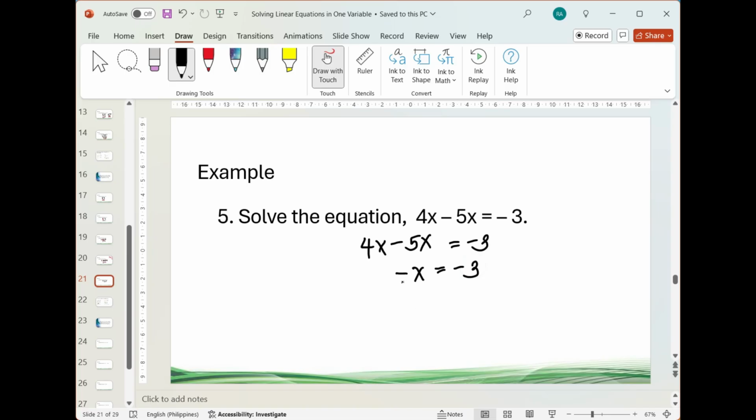So dito may negative yung ating x or yung coefficient ng variable natin dito ay -1. So ibig sabihin, dahil integer siya, much better na gagamitin si DPE. Pero okay lang naman kahit MPE, no, dito. So gawin na lang natin DPE. So we will divide both sides of the equation by -1. So alam natin that negative divided by negative is positive. So ito magiging x. -3 divided by -1, that is equal to +3. So x is equal to 3.